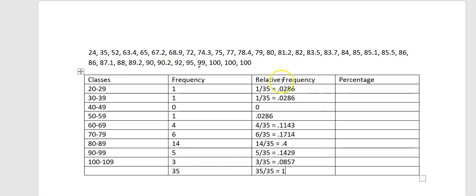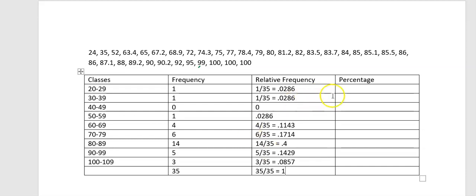So be aware that you might add up your relative frequency and not quite get 1 because of the differences in rounding. That's okay. You don't want to get significantly different than 1. It should be a little bit over 1 or a little bit less than 1, just because of rounding.